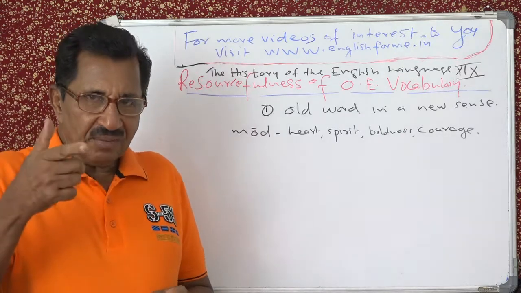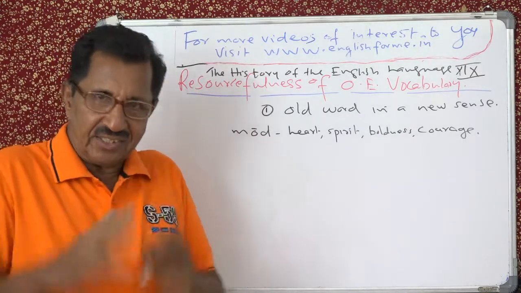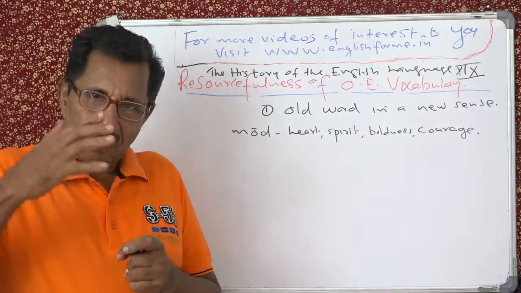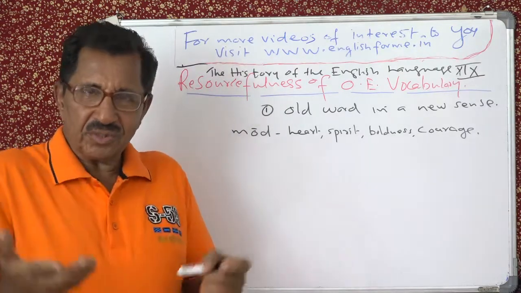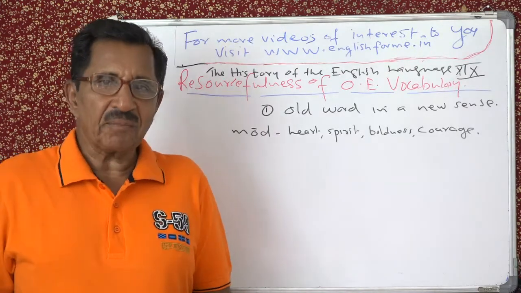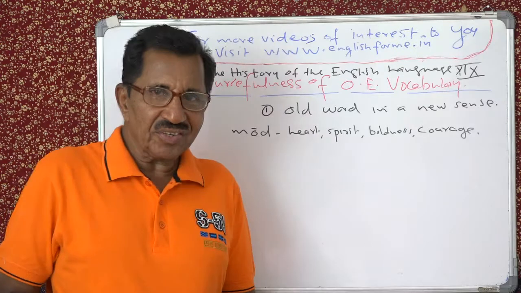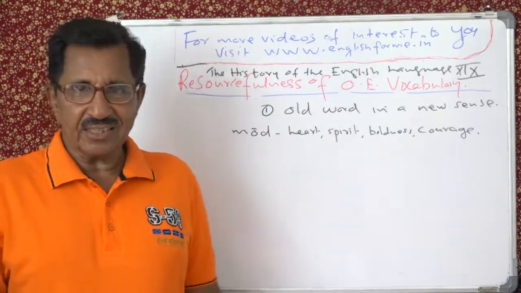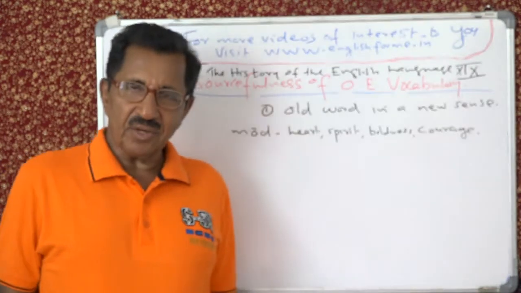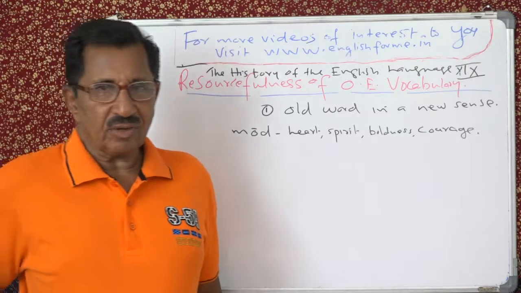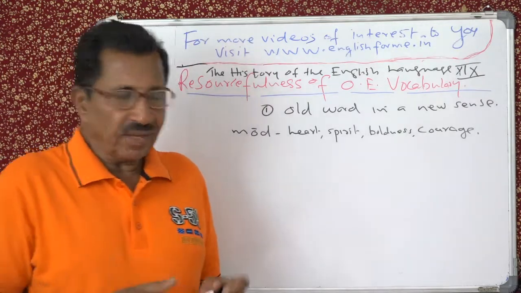See, how did they bend this single root, this mod, to different uses can be seen from the illustration that I am going to give you. Understand that? For you it's easy to remember these things and you can answer your question: write a note on the resourcefulness of Old English vocabulary. You can very well make use of this.